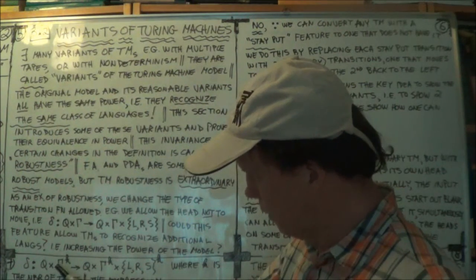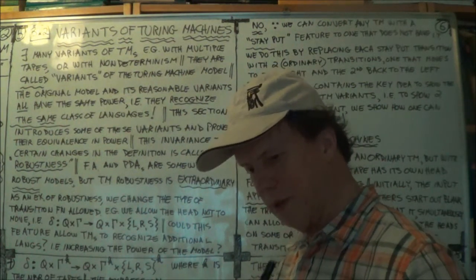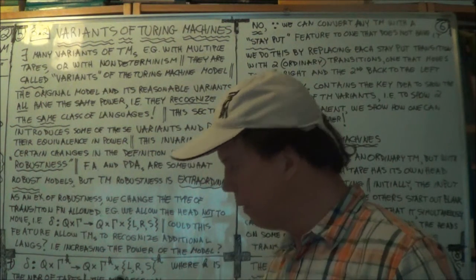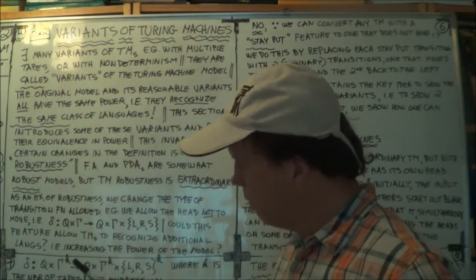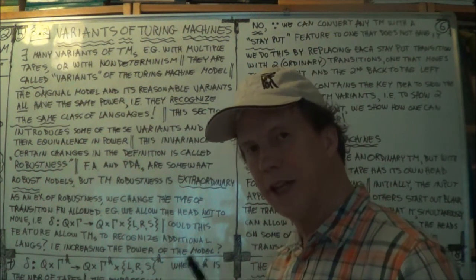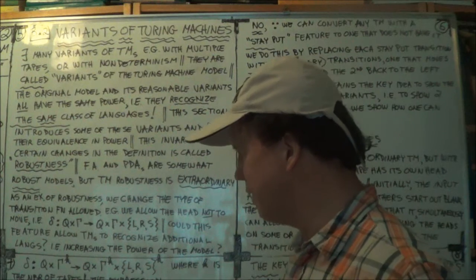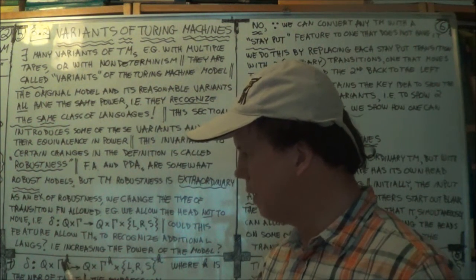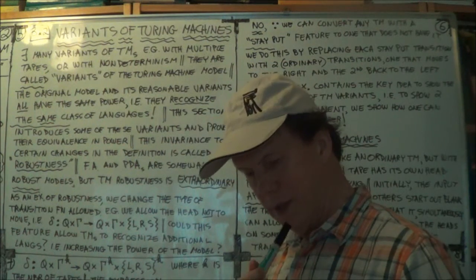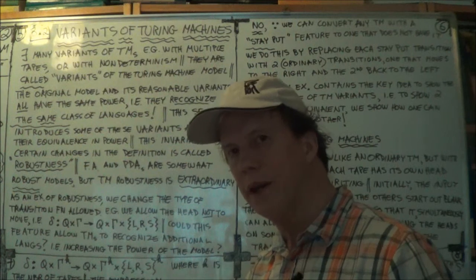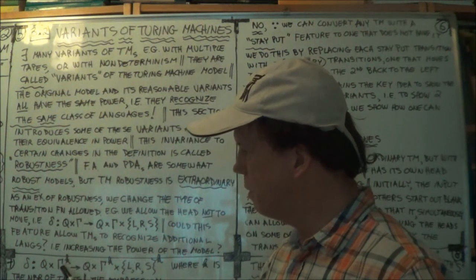Now, remember, it's the alphabet of your tape, the tape alphabet, gamma. But now we've got k of them, because we've got k tapes, where k is the number of tapes. So we may have k different tape alphabets, one alphabet per tape. That's a possibility.